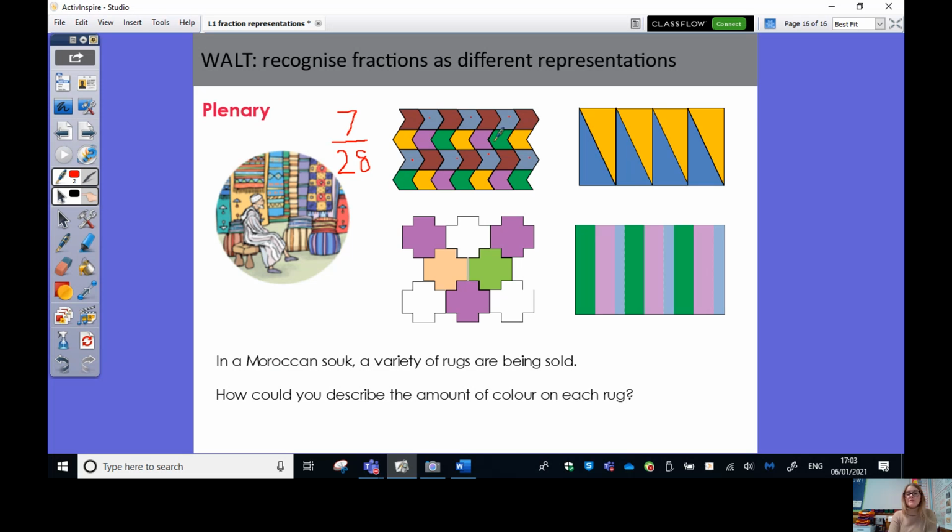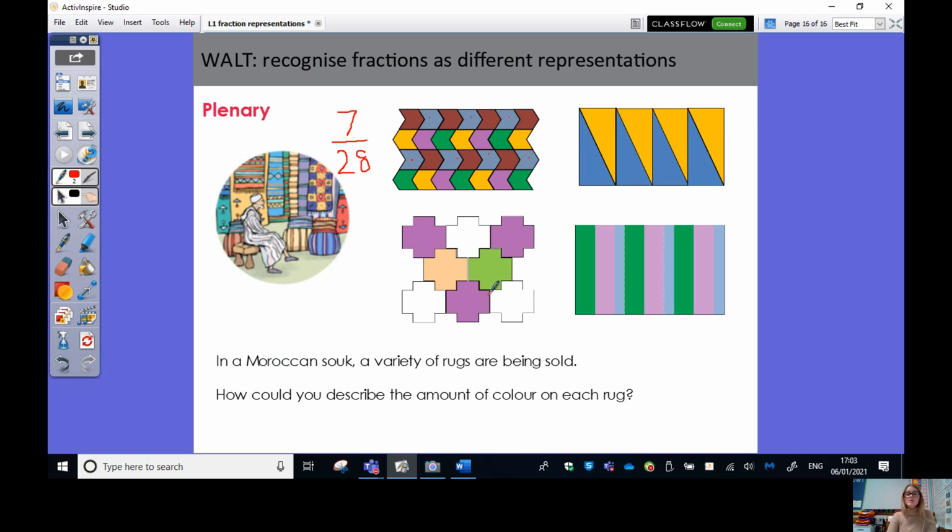So 7/28 of this rug are blue. I could say 1, 2, 3, 4, 5. 5/28 are yellow. So there's lots of different ways I can begin to describe the colours. I could count the parts in here and describe how much is blue and yellow, similarly to these ones here.